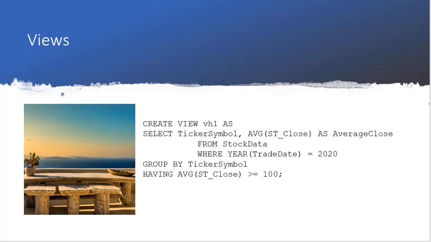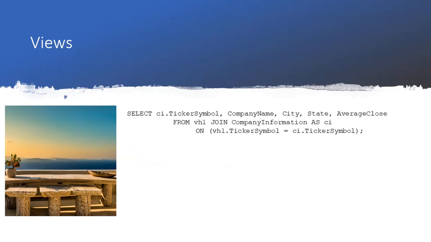Here is an example of a view. Notice that it looks very much like a regular select from where group by having. It's just a normal query, but now we have a permanent object, and that object name is VH1. Now we can either write a query against that view, or in this example, we join the table company information to the view VH1.